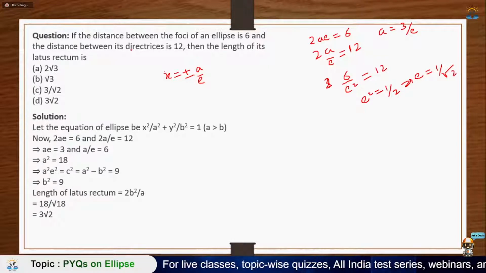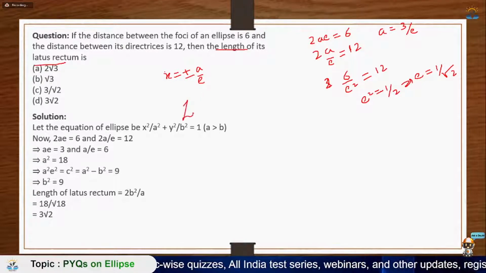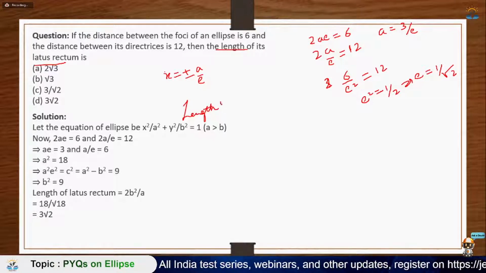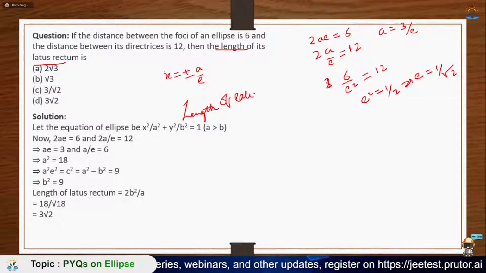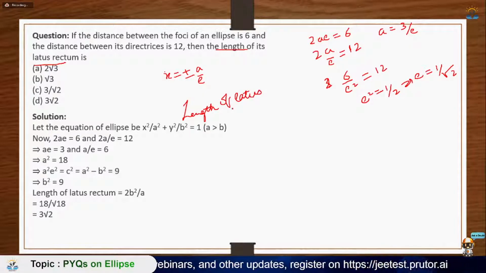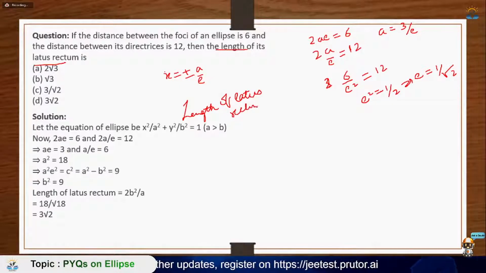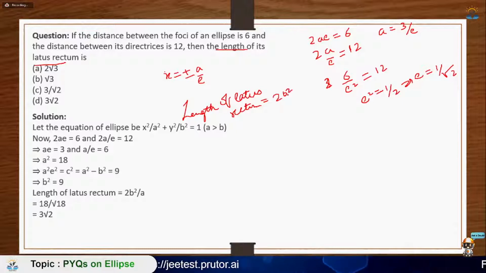So I've calculated the value for my e, and e is coming out to be 1 by root 2. But they are asking me the length of latus rectum. Okay. And the length of latus rectum is equal to 2 times b square by a.